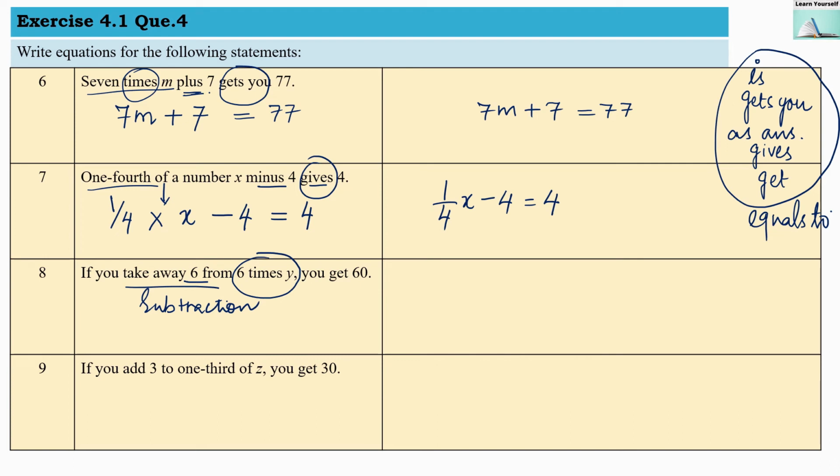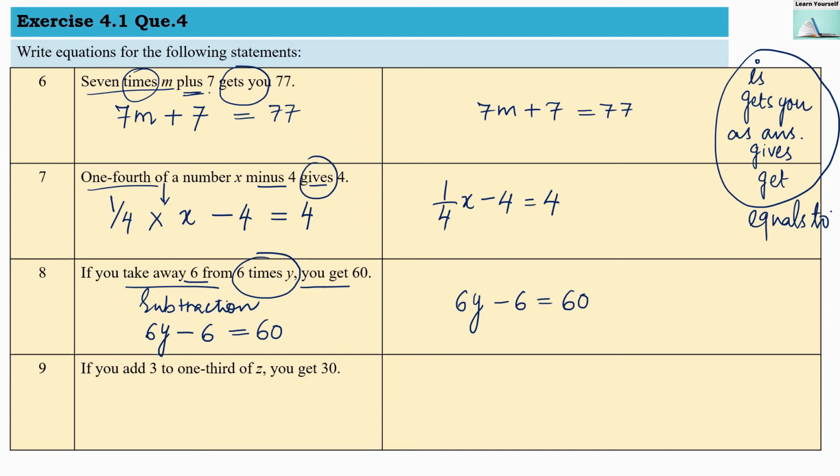So 6 times y will come first. 6 times y is 6 into y. We are taking 6 from that, so minus 6. You get, so equals to 60. So 6y minus 6 equals 60.